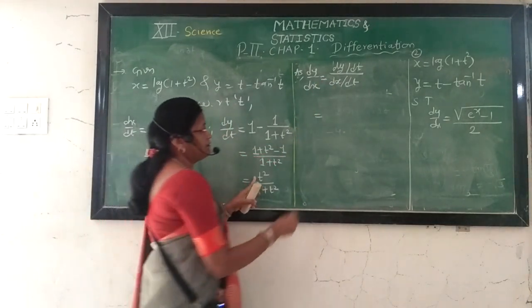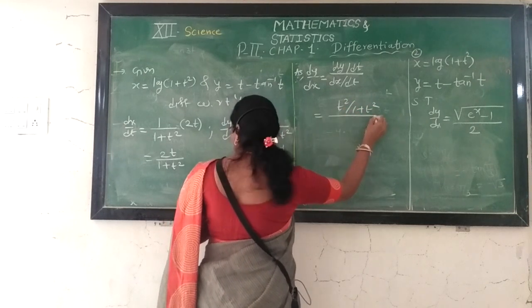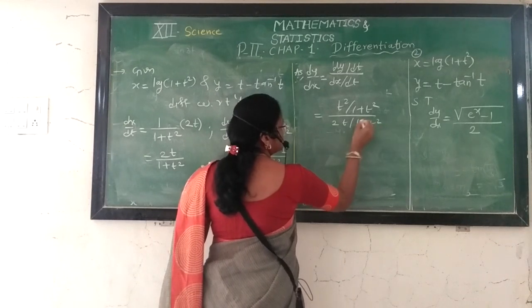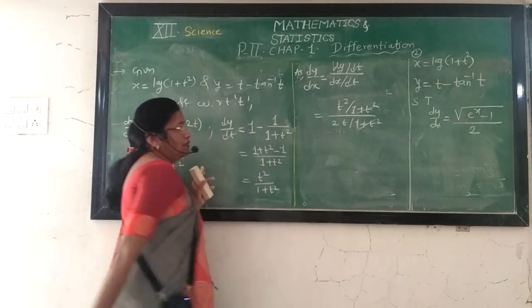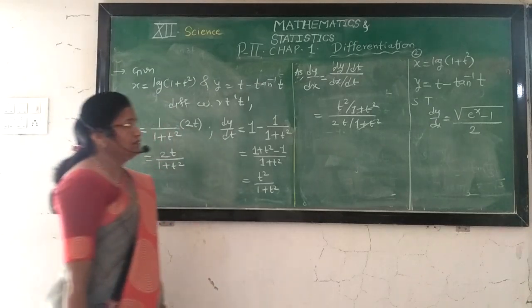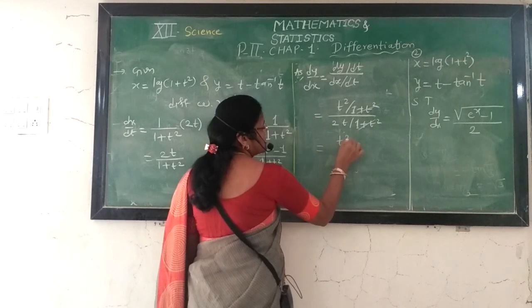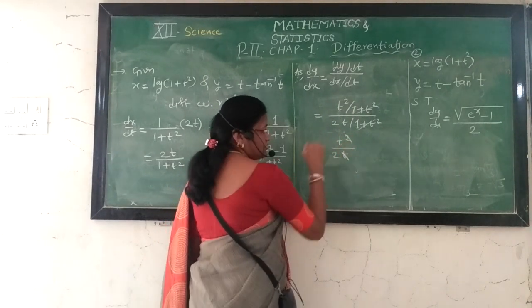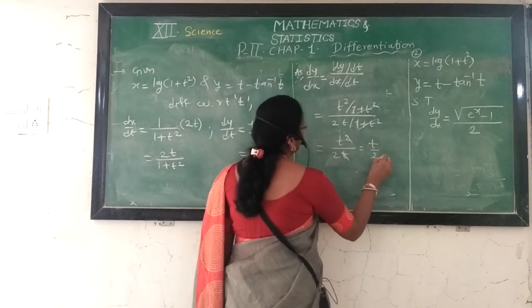From this we take t square upon 1 plus t square, whole divided by 2t upon 1 plus t square. Both terms have the same denominator, so we can cancel them. Again, from t square upon 2t, we cancel one t. So the answer becomes t by 2.